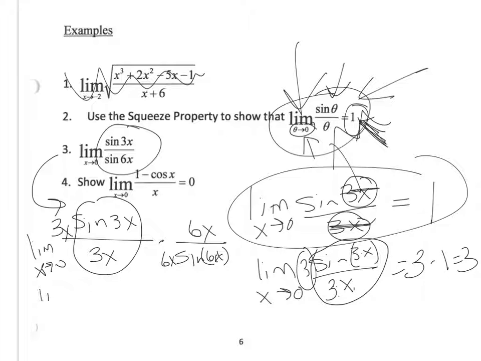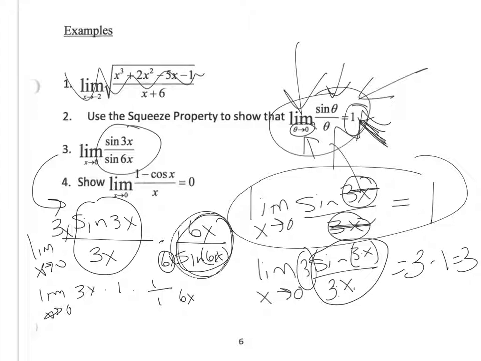So now I have the limit as x goes to 0 of 3x times 1 times, now this part is also 1 because it is a reciprocal, so it's 1 over 1, which is 1.